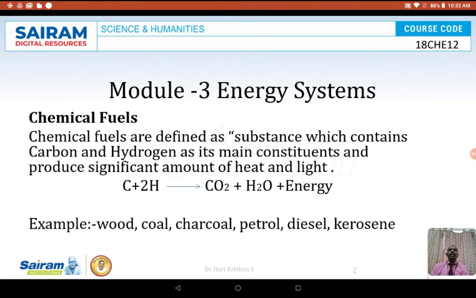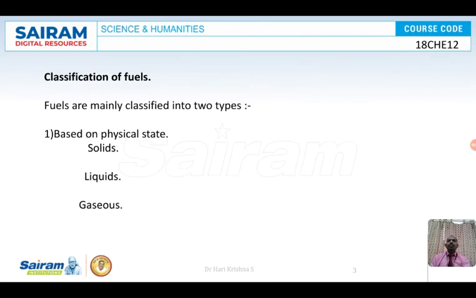Now let us see how the fuels are classified. Fuels are mainly classified based on their physical state and based on their occurrence. What do we mean by physical state? It means how they appear.